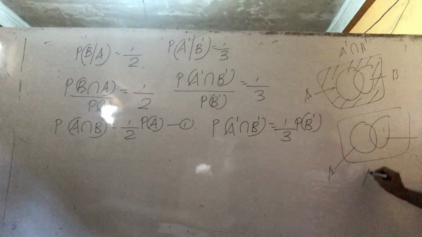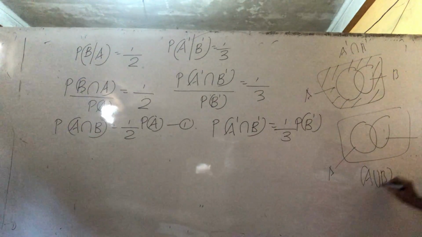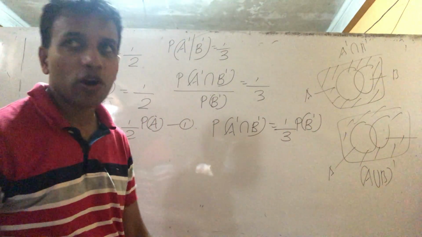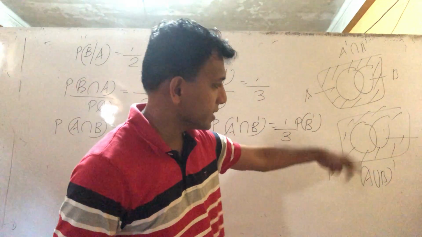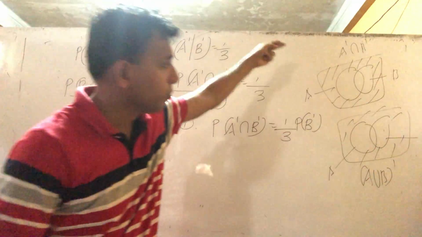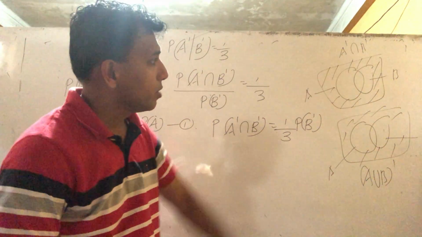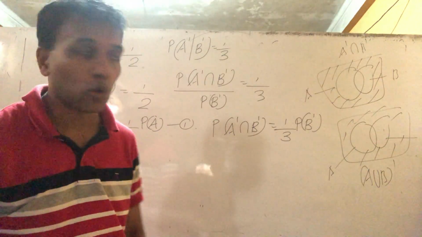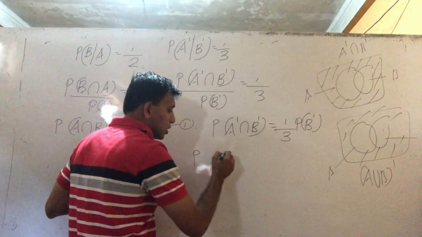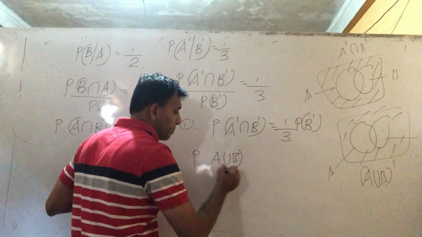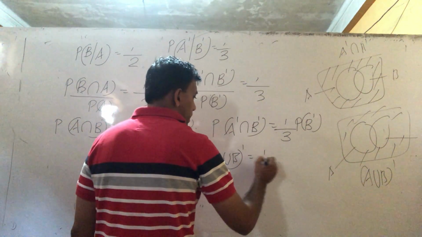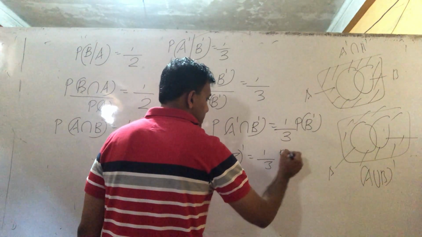But another way, I can say A union B outside. That is also the same, no? If you have basic O-level idea, this is called De Morgan's law, right? A union B dash, this is the part. Or A complement intersect B complement. Both are the same shaded part. So by De Morgan's law, I can write A union B completely dashed, equals 1/3 probability B dash.